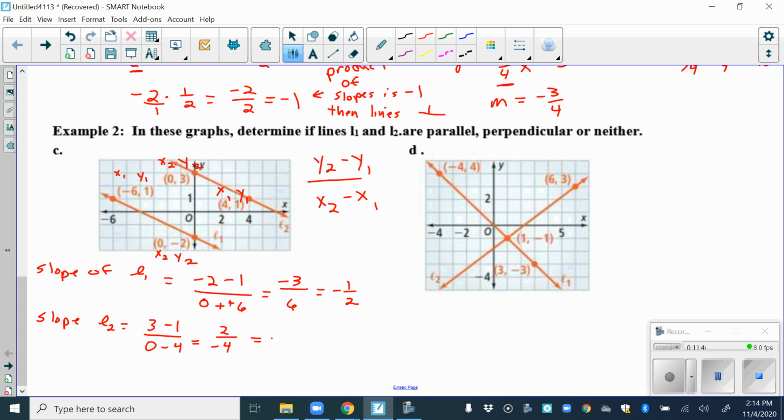Negative 2 over 4 reduces to negative 1/2. So notice the slopes are the same. Same slopes. What kind of lines are they? They are parallel lines.